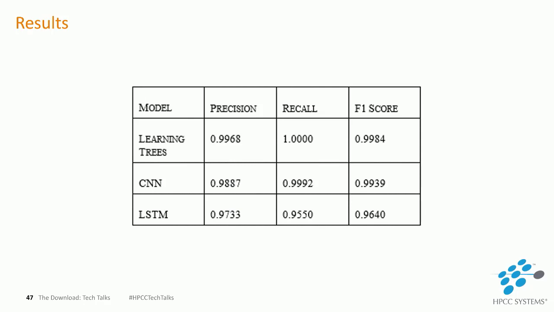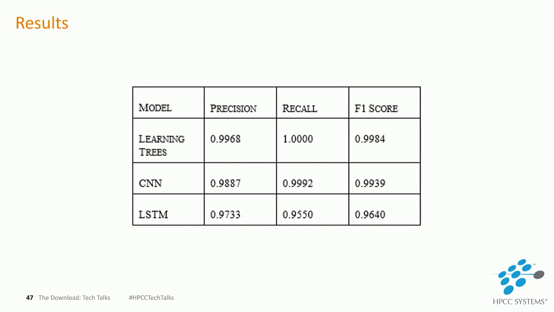But CNN is a fairly complicated algorithm and pretty time consuming, whereas decision trees are much simpler. But you can see that decision trees actually take over the CNN by just 0.5, 0.6%, and it still gives a recall of 1. That is to say that all the fraudulent transactions have been successfully predicted as fraudulent.